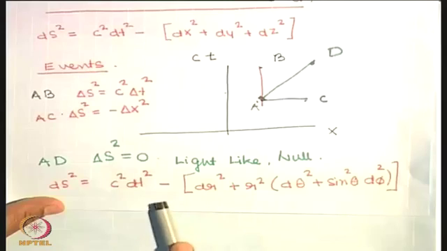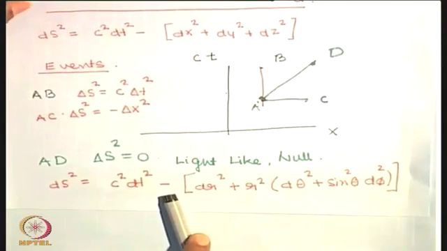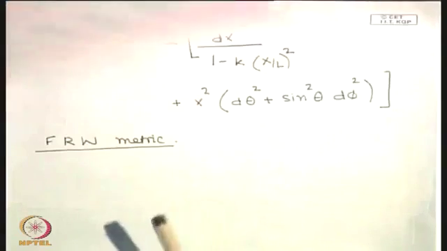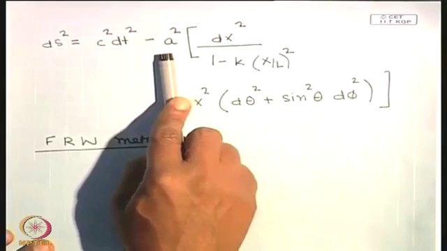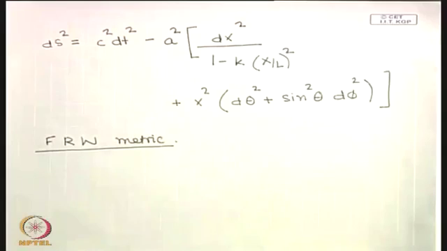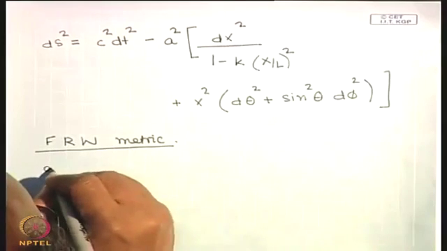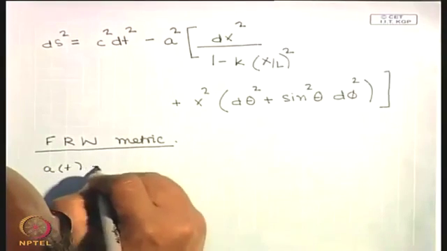The difference essentially lies in two things. One is this a of t, which is the familiar scale factor we have already encountered. That is the one difference. So a of t here is already familiar to us, it is the scale factor.